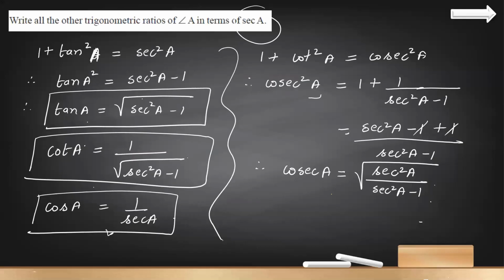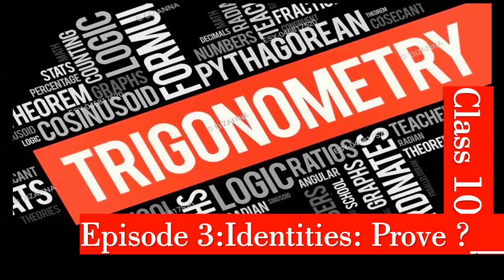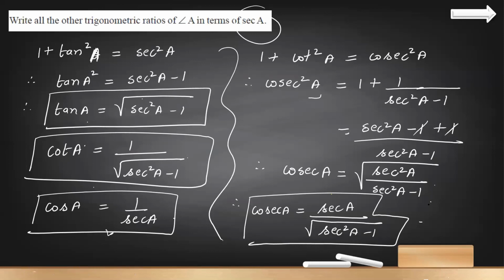So therefore we get cosec A is equal to sec A upon under root of sec square A minus 1, right? This is what we got, cosec A in terms of sec, and just the reciprocal of this will give us sine. So sine is equal to, just a reciprocal, that is under root of sec square A minus 1 upon sec A.